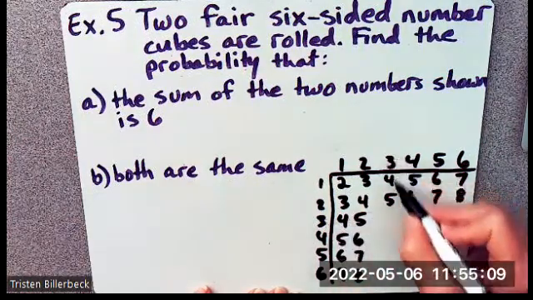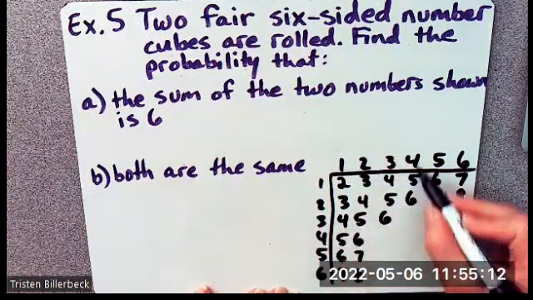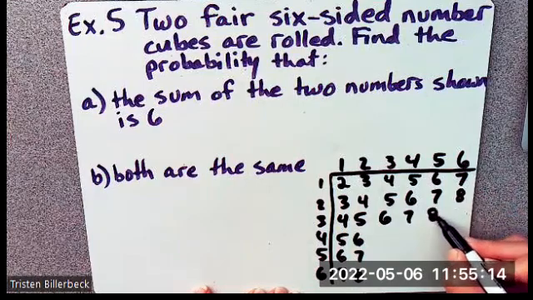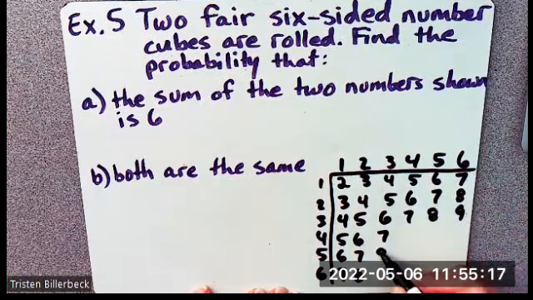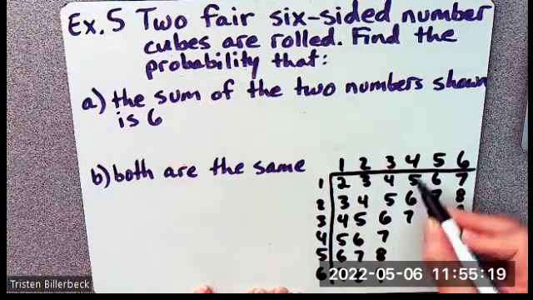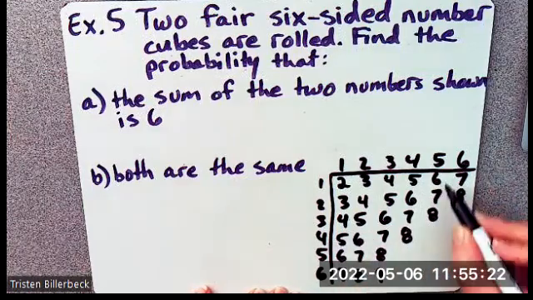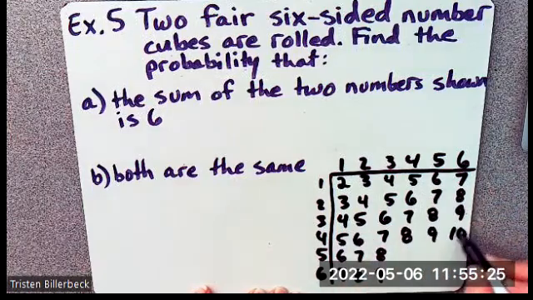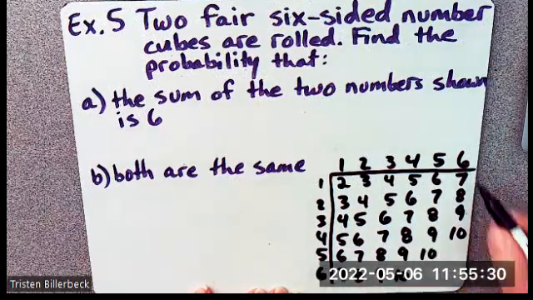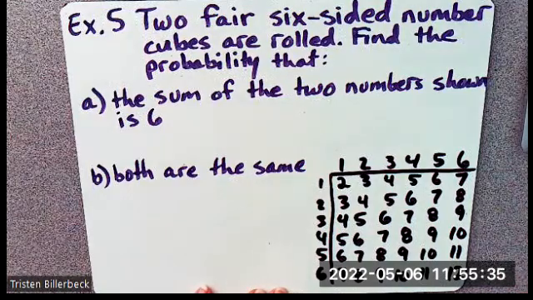And then 3 plus 3 is 6, 3 plus 4 is 7, 8, 9, and then 4 plus 4 is 8, and then we have 9, 10, and 5 plus 5 is 10, and 5 plus 6 is 11, 11, and 12. So those are all the possibilities that we could get when we're rolling 2 fair 6-sided number cubes.